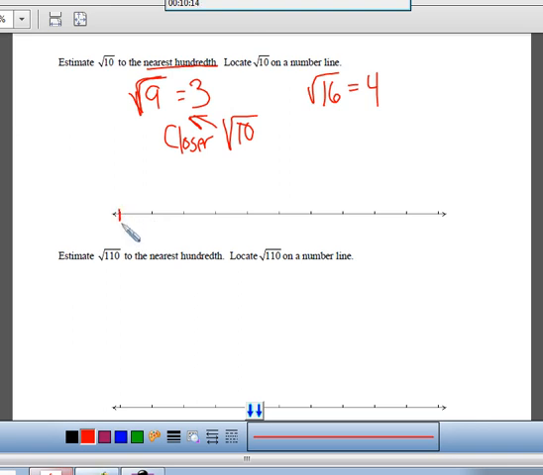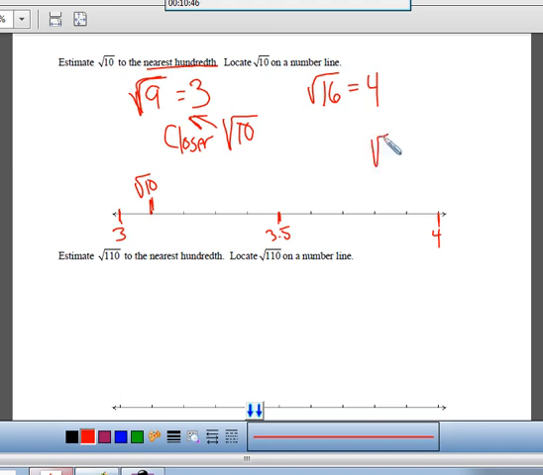So we're going to make this 3 and this 4, and so the middle is going to be 3.5, however you want to write it. So square root of 10 is going to be much closer to 3 than it is to 4. So I would say either this first mark or this second mark. Well, let's go with this one, square root of 10.